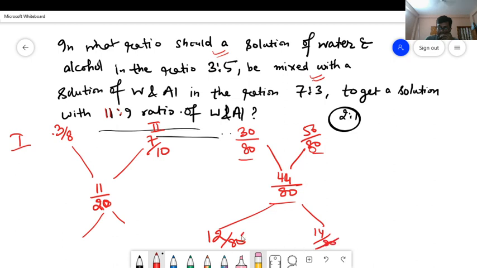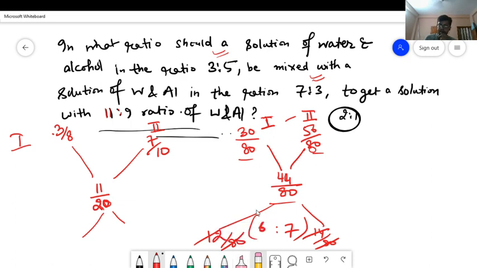That's it, 80 can be done away with, and this will be 6 to 7. That is the ratio in which the first and second solutions should be added.